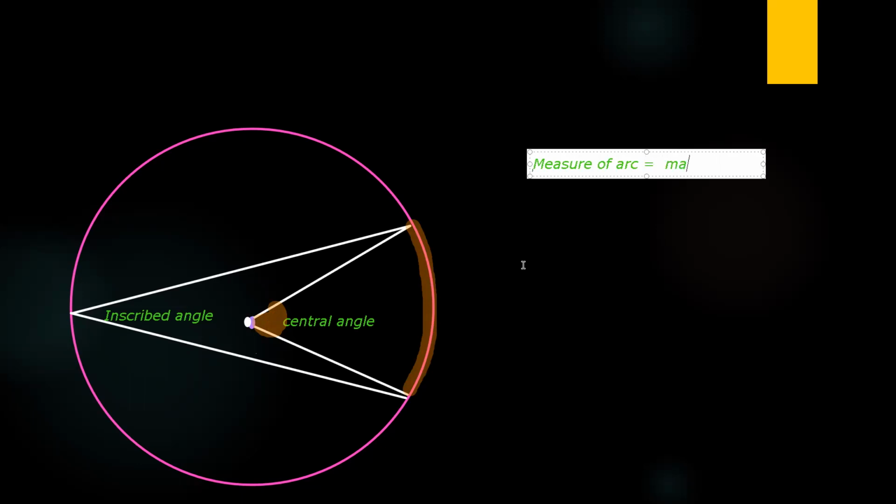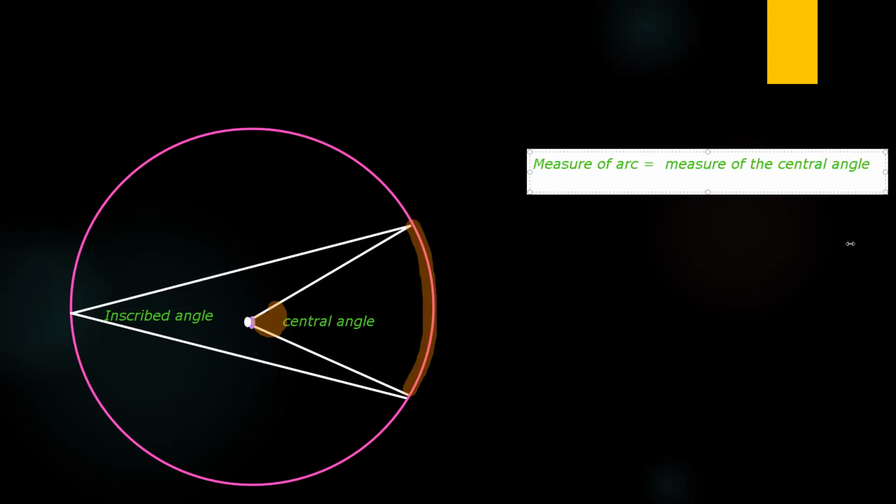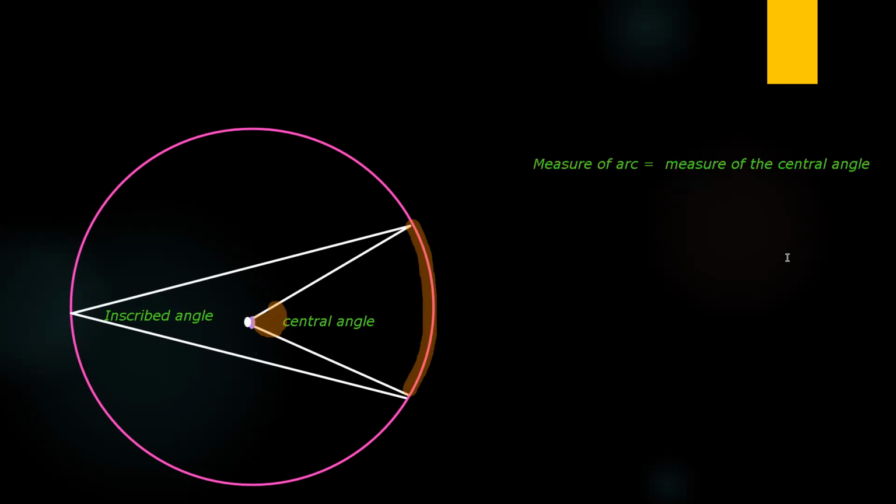The measure of the arc equals the measure of the central angle. So this is what we said before. Now which arc?